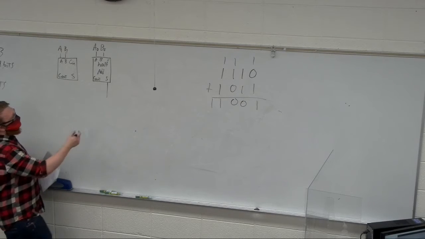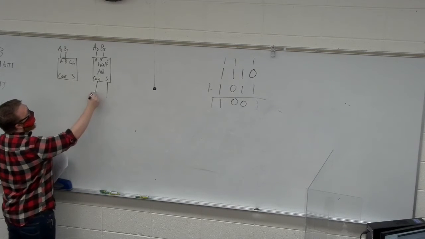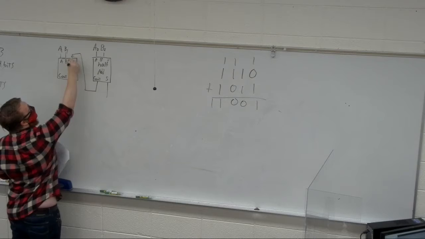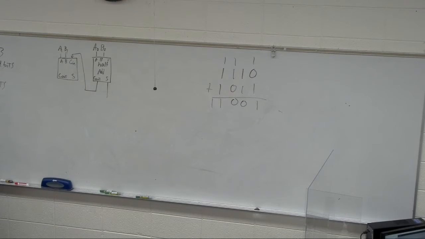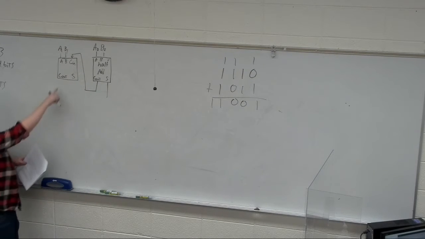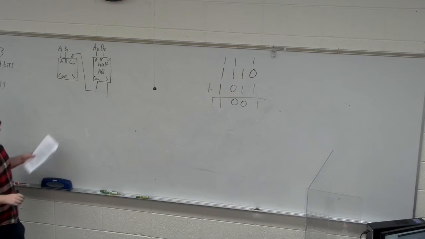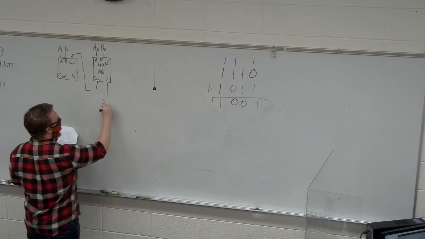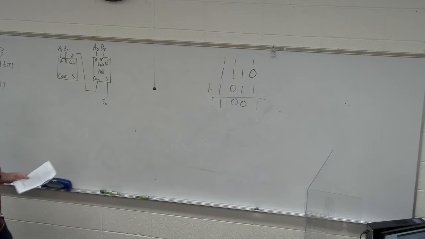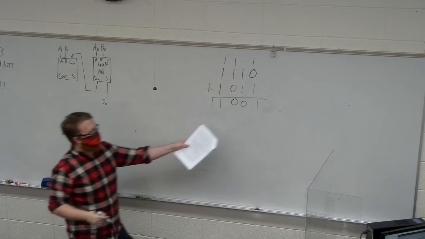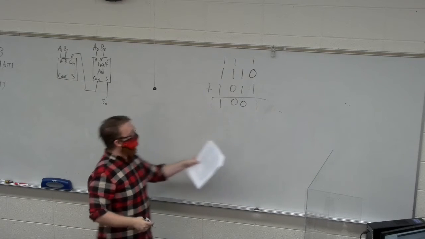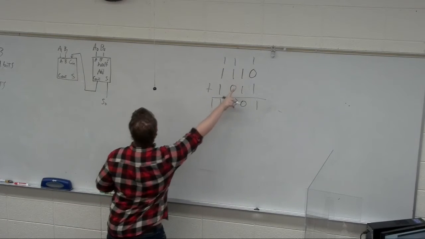Well, it's unsurprising that you might take the carry out of one and plug it into the carry in of another, right? And then this carry out can go on and so forth. But this sum out is just going to be the result at the bottom, right? And the carry out is if I'm putting a 1 out.